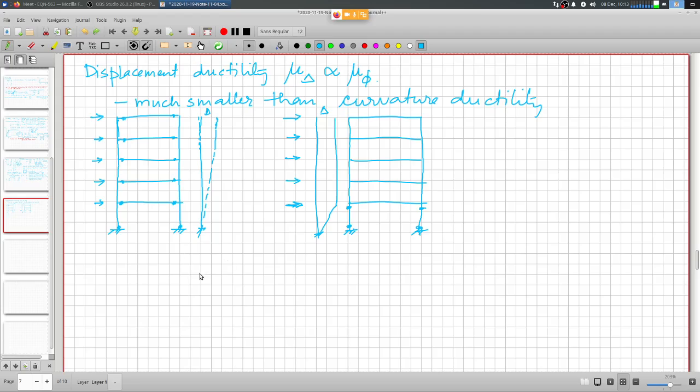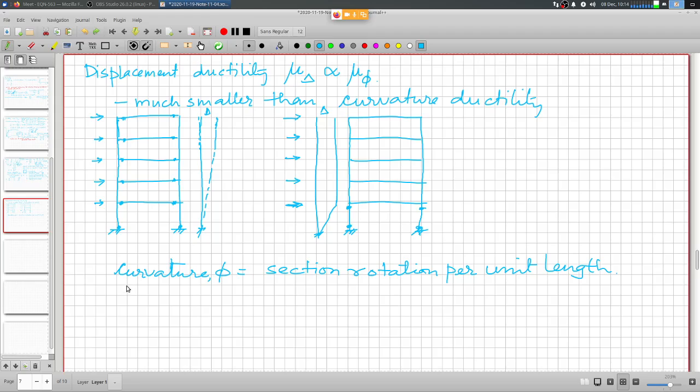And just to make sure you understand, we are talking about curvature ductility, the curvature of the cross section, the section rotation per unit length.